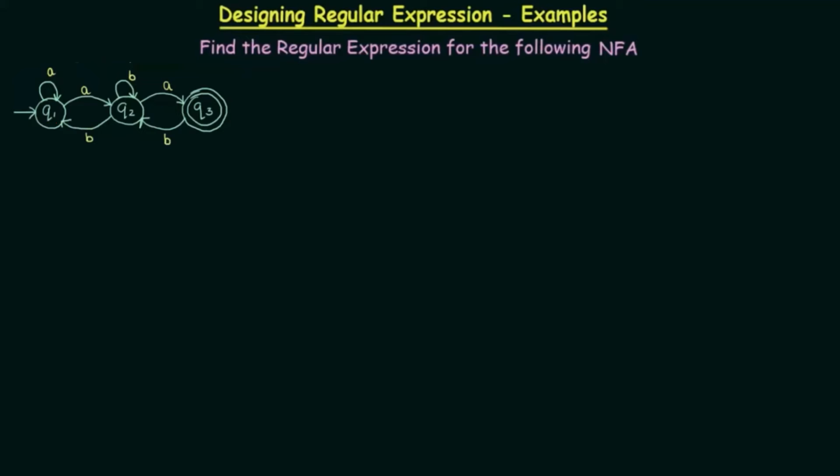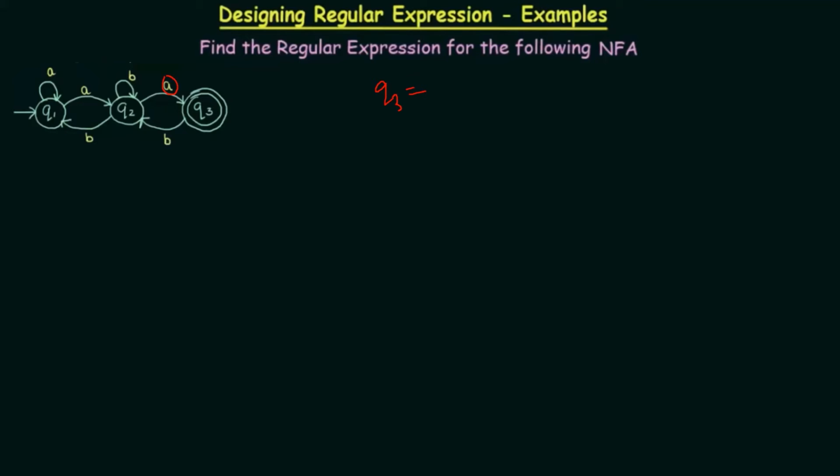Now we need to first of all write the equations concerned with this particular NFA. How can I write the equations? Actually, we just have to write the equations based on the incomings. For example, let's take the final state, that is Q3. You can see Q3 has only one incoming, this particular one.